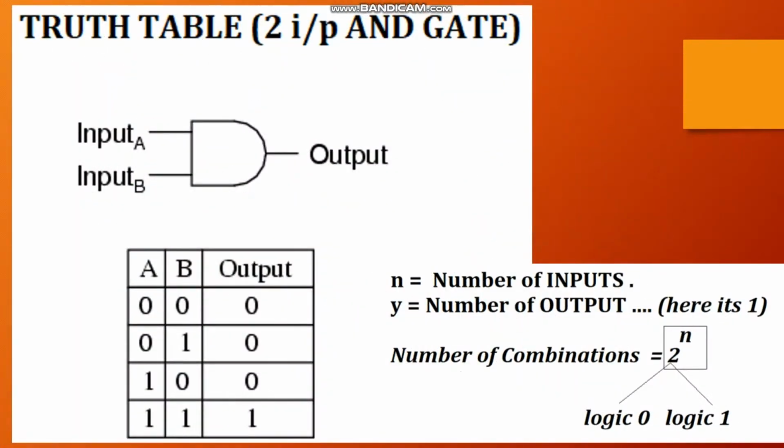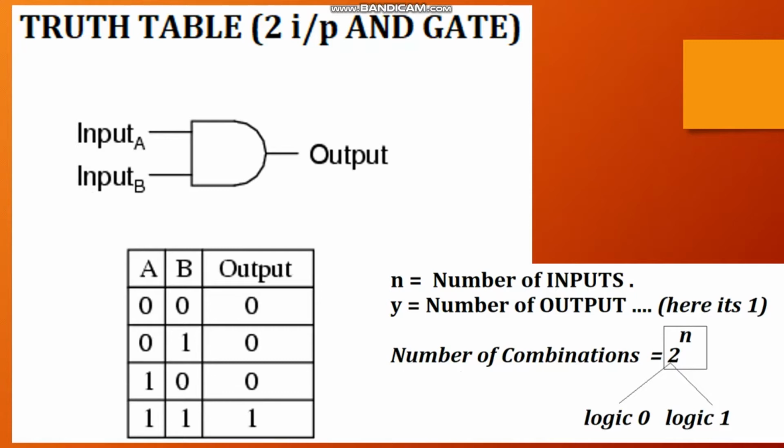Now on the screen you can see the table displayed for a 2-input AND gate. Now this table actually relates the input and output relationship. You can see on the right hand side there is a small formula written in the square box, that is 2 raised to n. 2 raised to n indicates the number of input combinations that we can make, and n represents the total number of inputs.